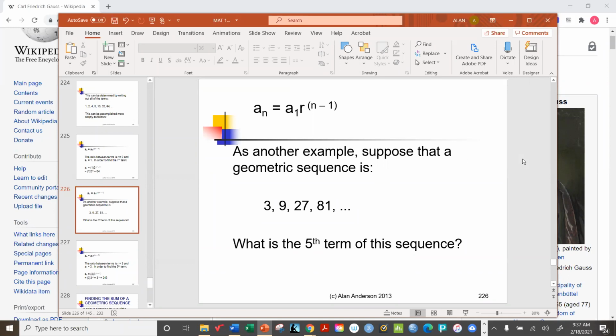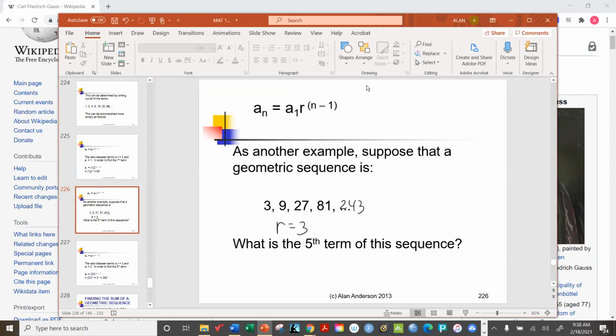All right, anybody have an answer? 243, exactly. So you can do it in one of two ways. You recognize that here the R is 3, and that means you just need one more term.